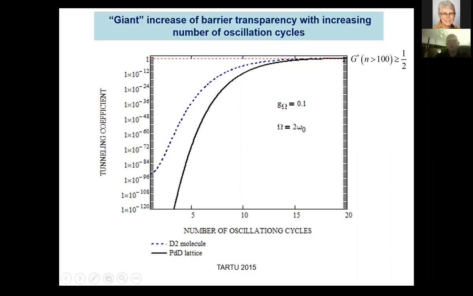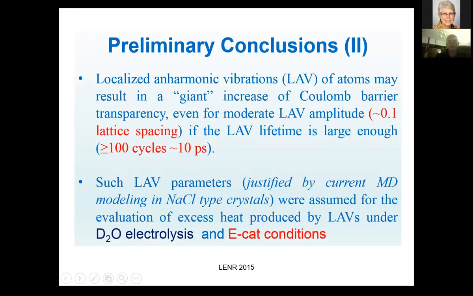That's the leading idea. But now, the preliminary conclusion is that these LAVs, localized anharmonic vibrations, can result in guided increase of Coulomb barrier transparency. And the calculations show that we don't need these super short distances.